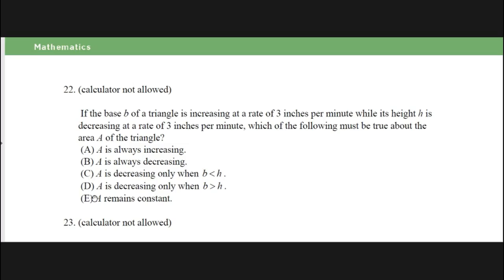So then we're down to A also isn't going to remain a constant, because what if your base is 5 and your height is 6? Or what if your height is 6 and your base is 3? So it's all going to depend on the sign of the base or the height. So if base is increasing and height is decreasing, then the area will be decreasing when the base is taller than the height, which is letter D.